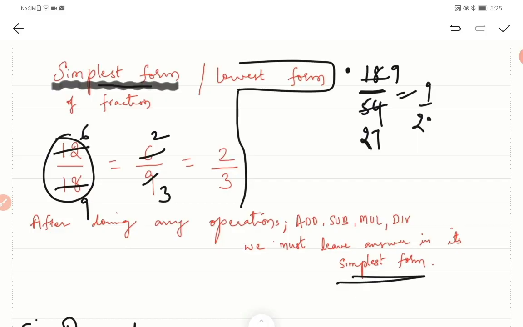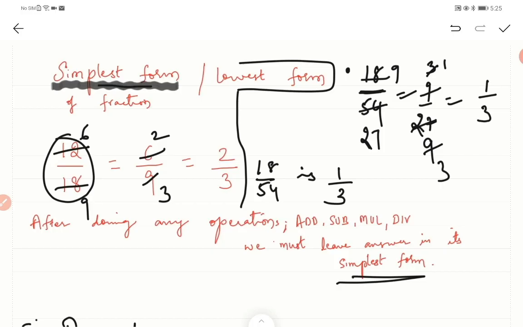So 9 by 27, both these numbers are in the 3 table. So this will be 3 threes are 9, 3 sevens are 21, 3 eights are 24, 3 nines are 27, isn't it? So again it will go in the 3 table, 3 ones are 3, 3 threes are 9. So this will be 1 by 3. Okay, so the simplest form of 18 by 54 is 1 by 3.